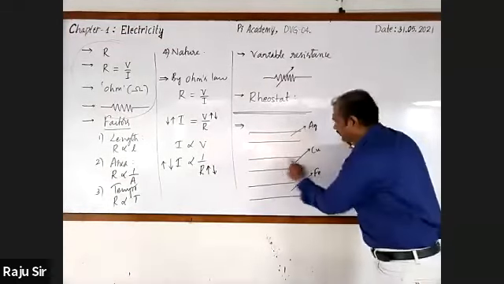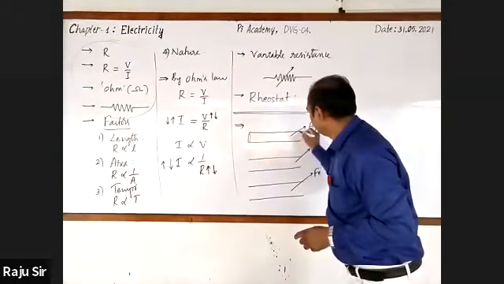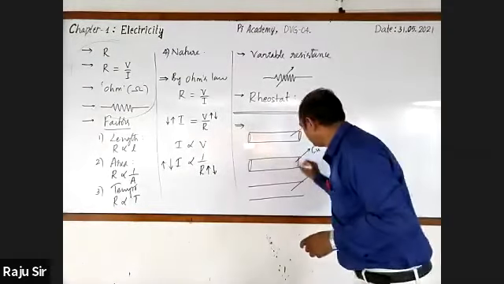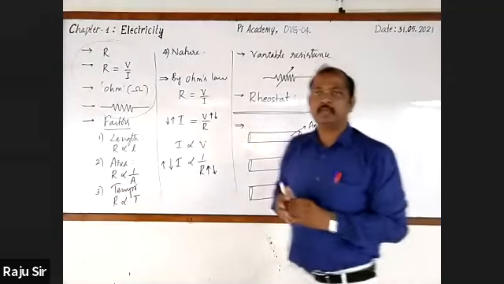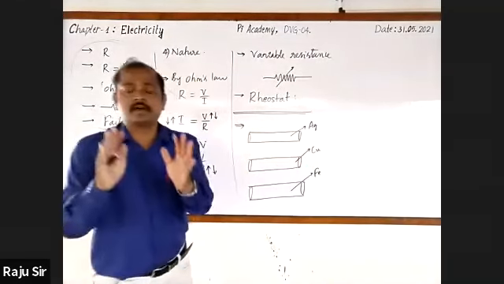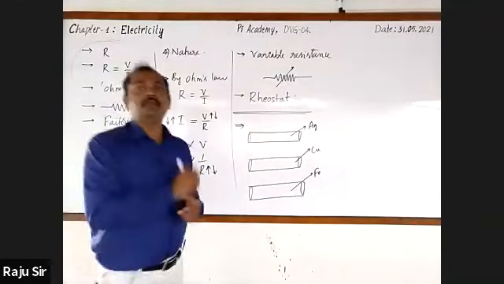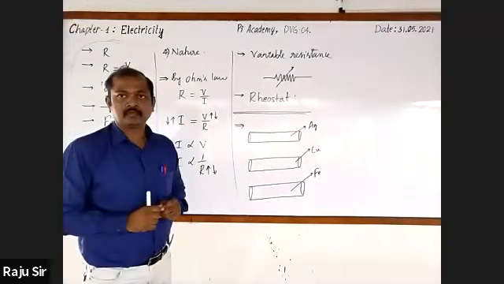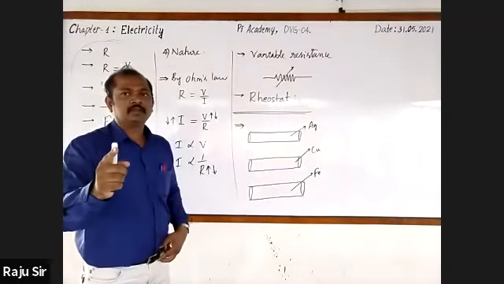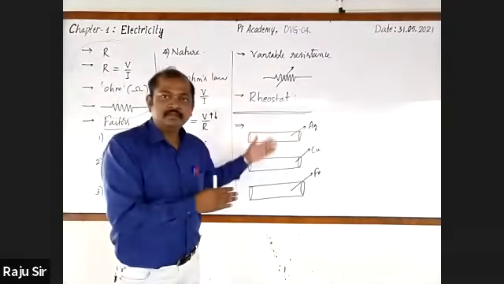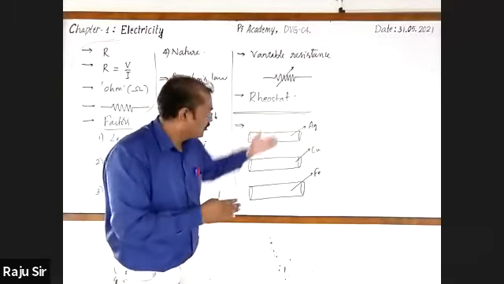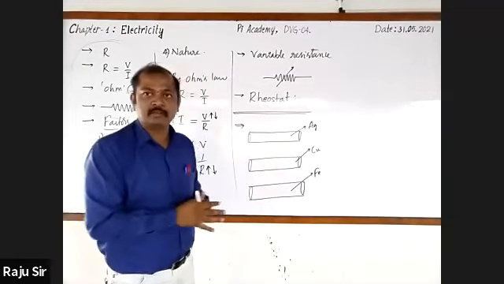The length of these conductors is same, and their thickness, that is nothing but area of cross section, is also same. Hence, we can say that these are the conductors of unit length and unit area of cross section. As I said, the arrangement of atoms is different from one metal to another metal.